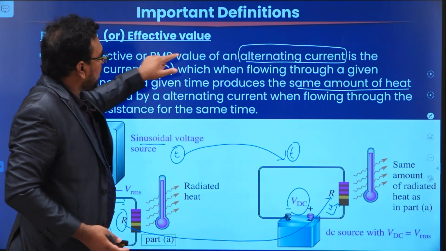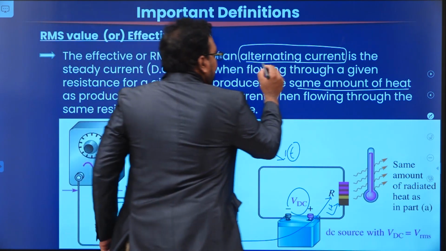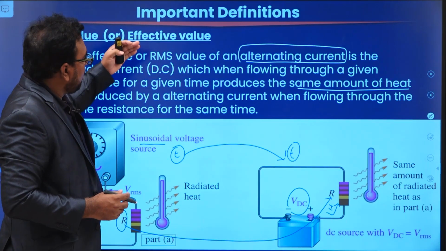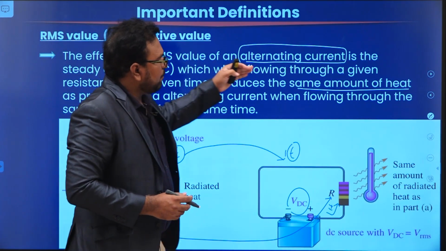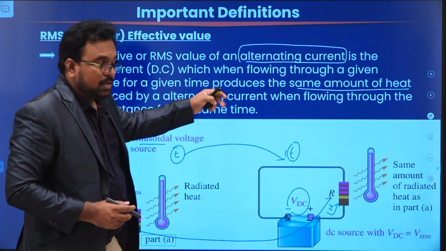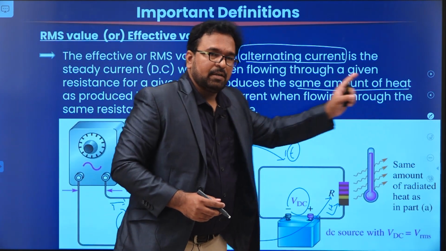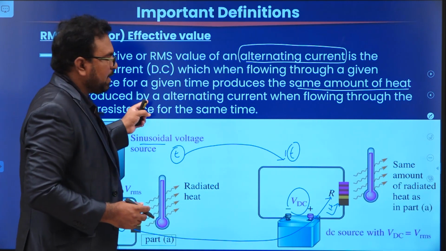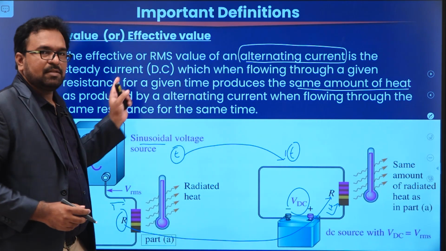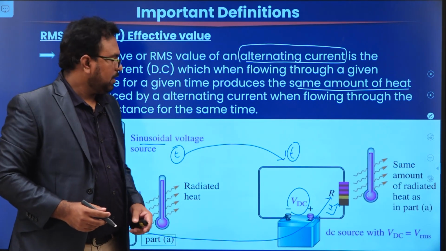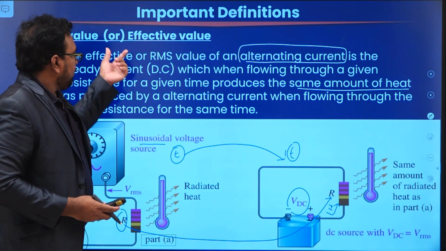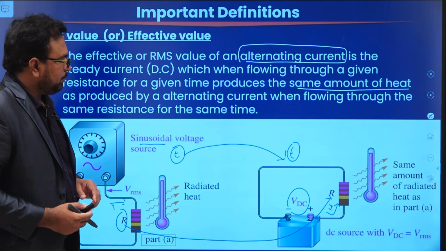The effective or RMS value of an alternating current is the steady current or DC current which, when flowing through a given resistance for a given time, produces the same amount of heat as produced by the alternating current when flowing through the same resistance for the same time. That's how you are going to define the RMS or effective value.